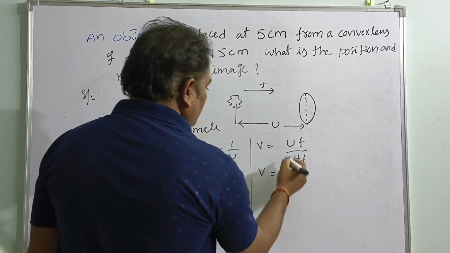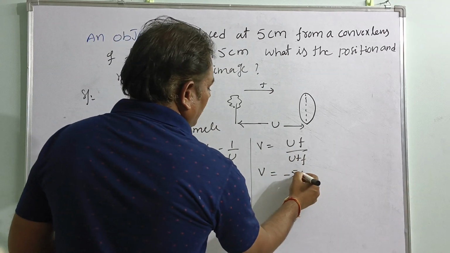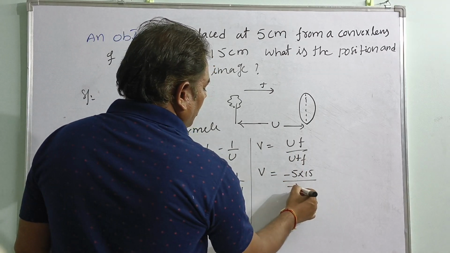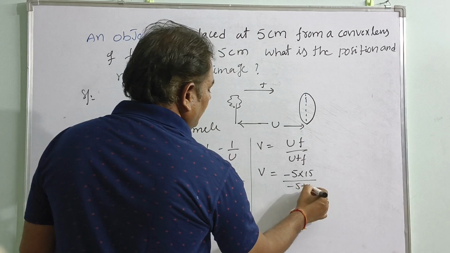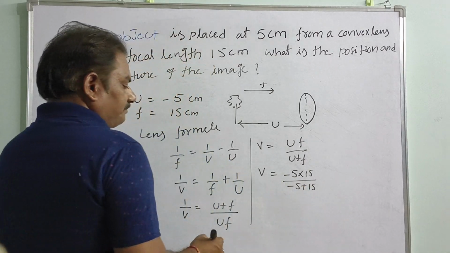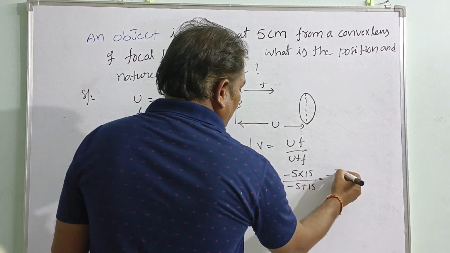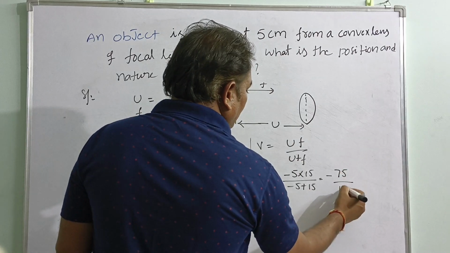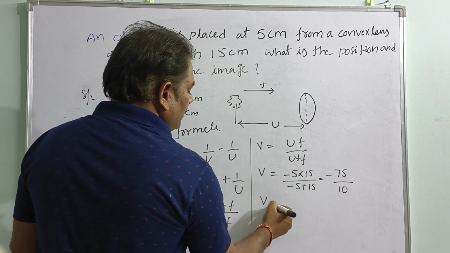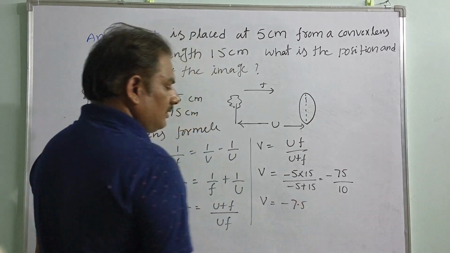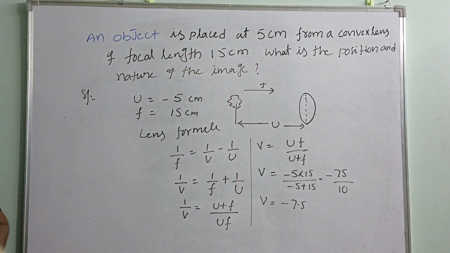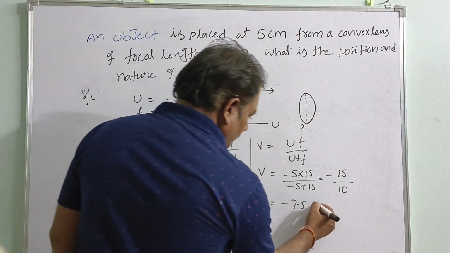So v is equal to -5 into 15 by -5 plus 15. So this is equal to -75 by 10. So the v value is equal to -7.5 centimeters. What does the minus sign indicate?